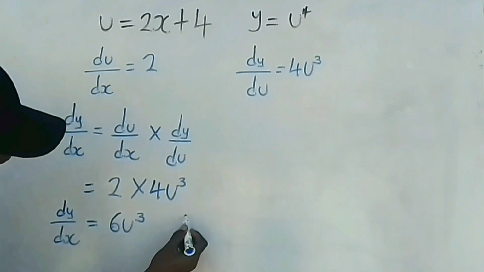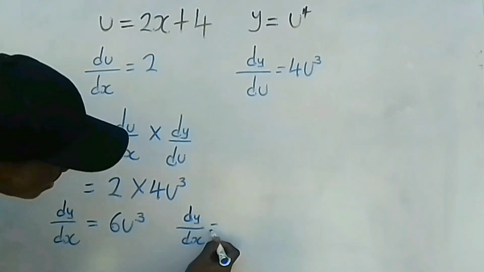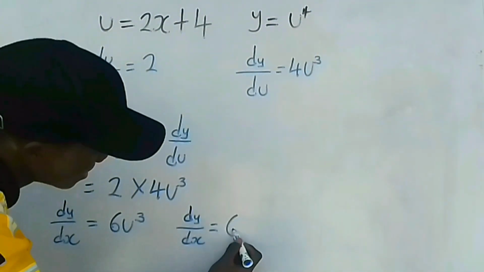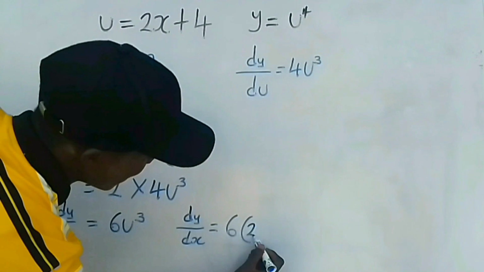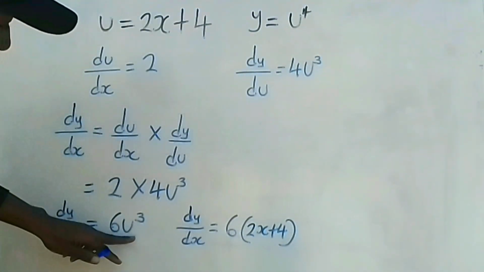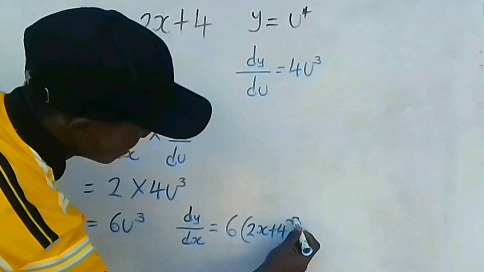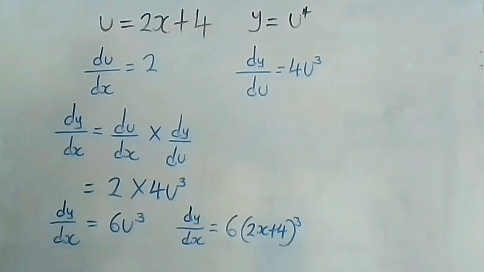So therefore, dy/dx is equal to 8 into bracket 2x plus 4 raised to the power of 3. So we have been able to find the derivative of the composite function y is equal to 2x plus 4 raised to the power of 4 using the chain rule formula.